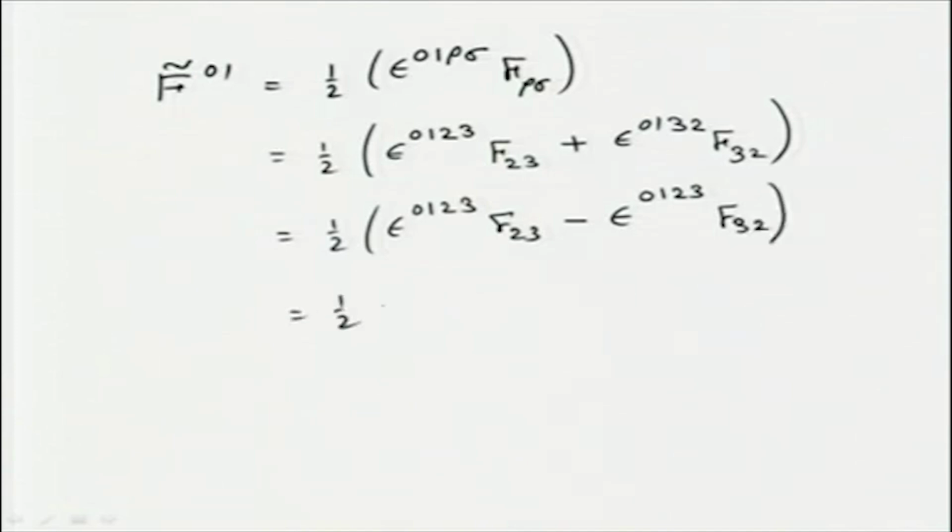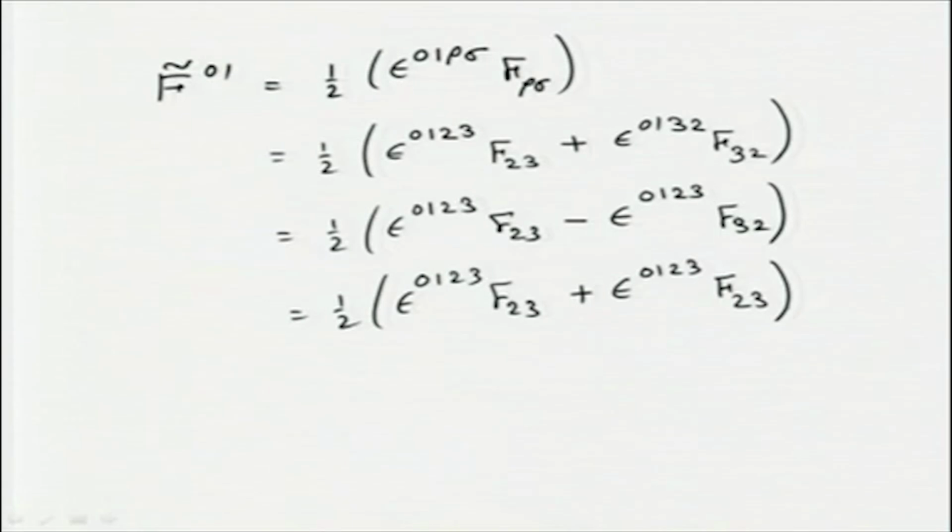Changing F 3 2 to F 2 3 picks up another minus sign, making it plus epsilon 0 1 2 3 F 2 3.